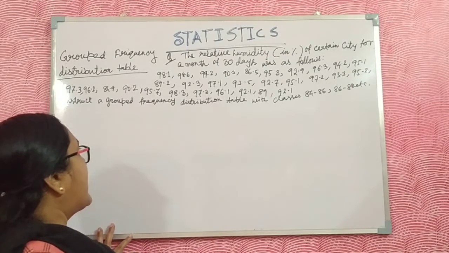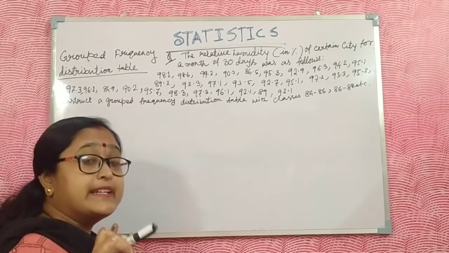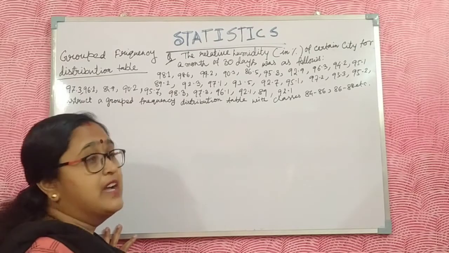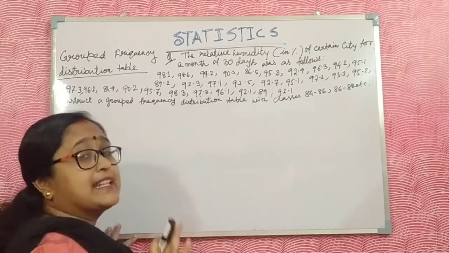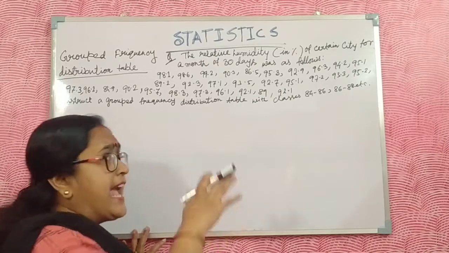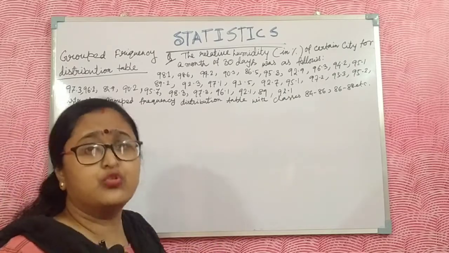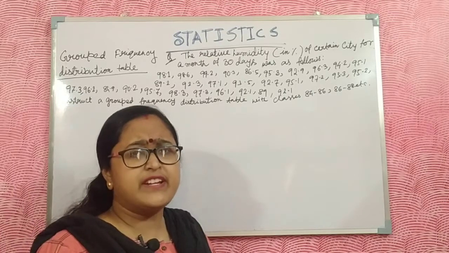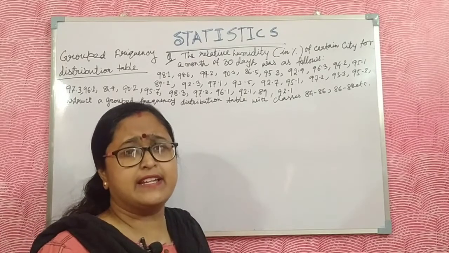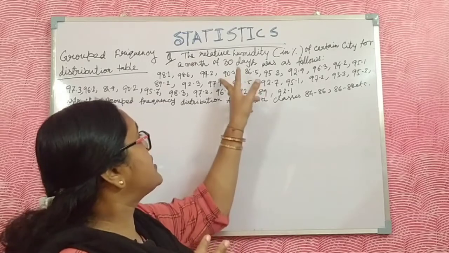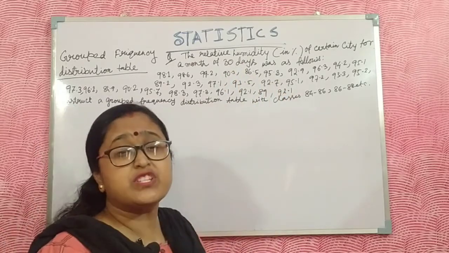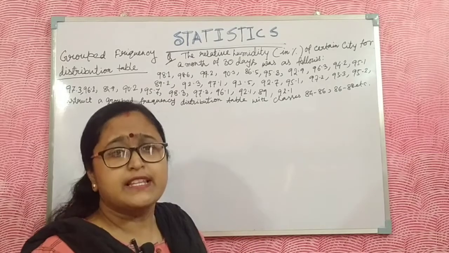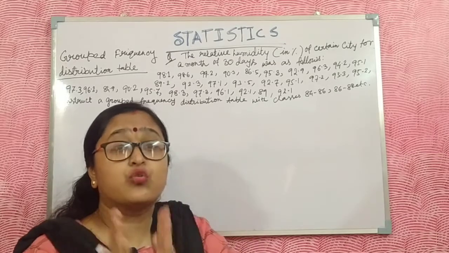Now I make a frequency distribution table in grouped form. There are so many data that if I arrange all of them in ungrouped way, it is very difficult to understand and confusing. That's why we take groups.